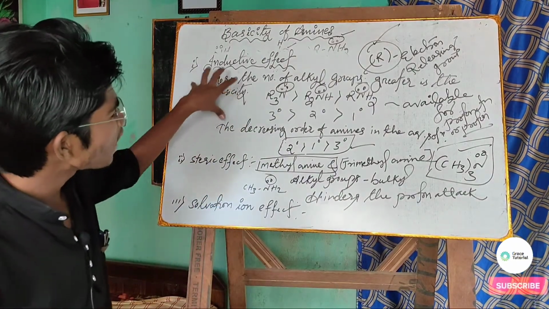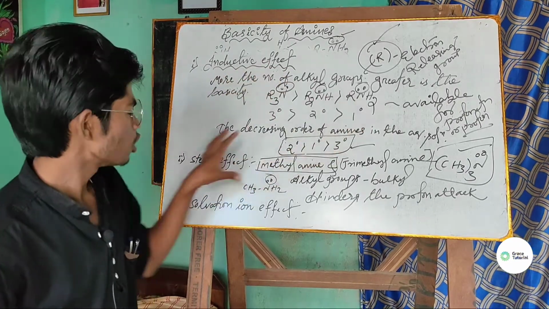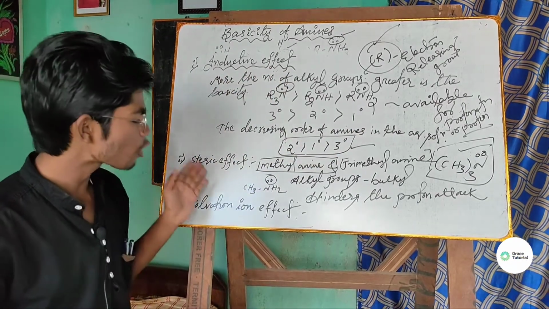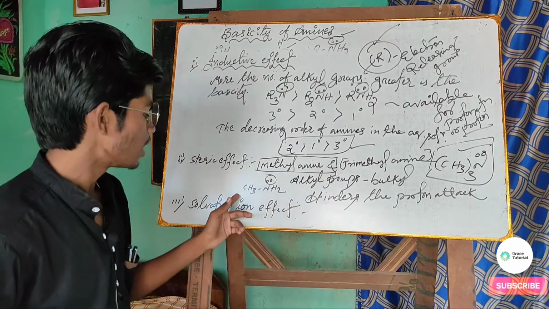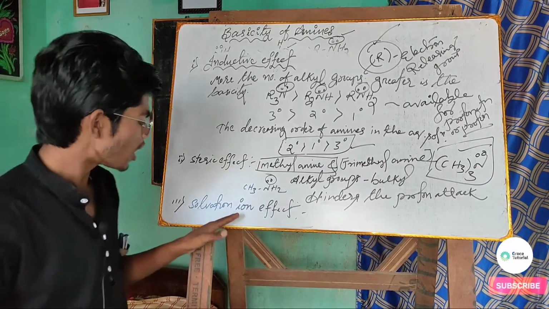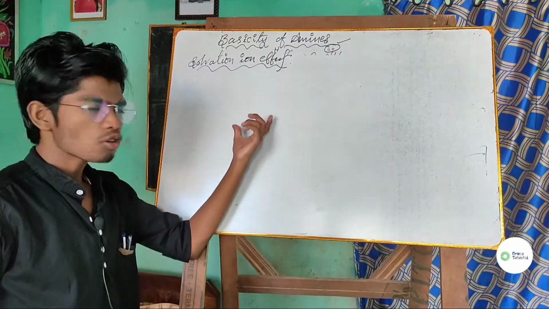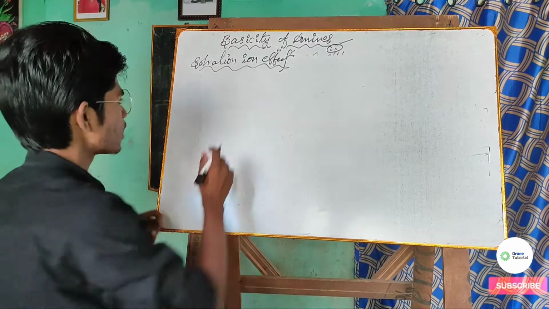You have understood the inductive effect and its order. You have understood the steric effect, and according to it, which one is more basic, methylamine or trimethylamine. Now we look at the solvation effect. What does this effect say?